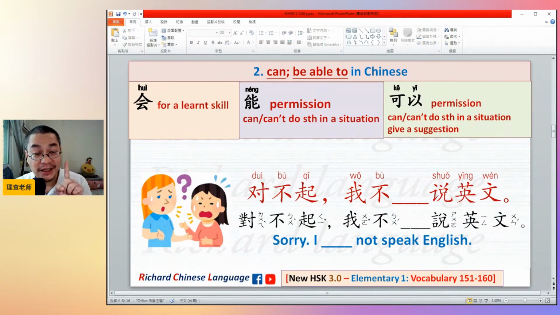Okay, we have a lot of quiz for you because you need to understand how to use the 3 similar words.